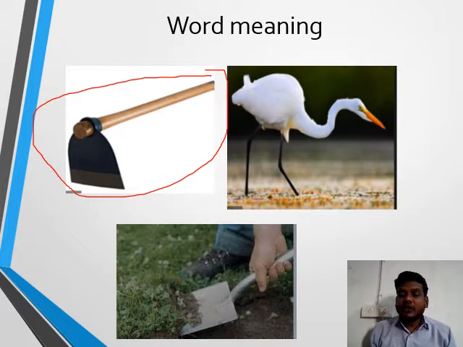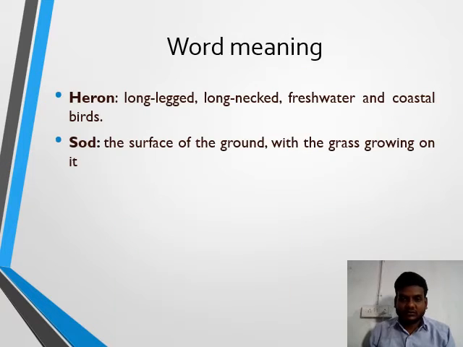This is the word heron. We call the bird a white heron, a long-legged freshwater and coastal bird. And you can see there is a sod, used to remove the grasses.